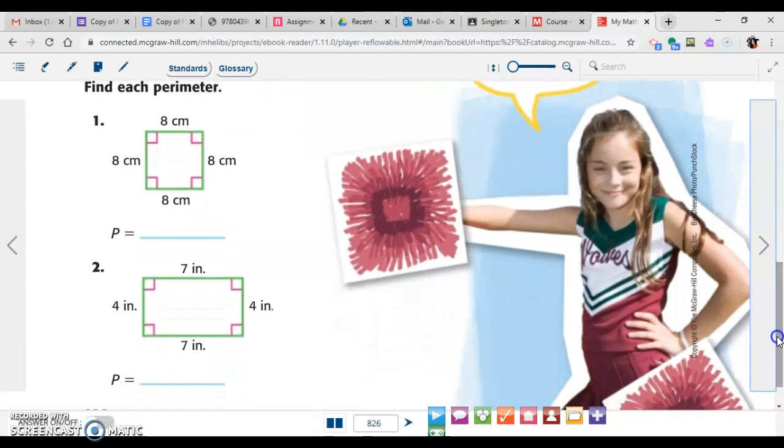Okay, here is one. It's a square. So it's 8 centimeters, 8 centimeters, 8 centimeters, 8 centimeters. You can do 8 plus 8 plus 8 plus 8, or you can do 4 times 8. So think in your head what you think the answer is. Let's go on to number 2.